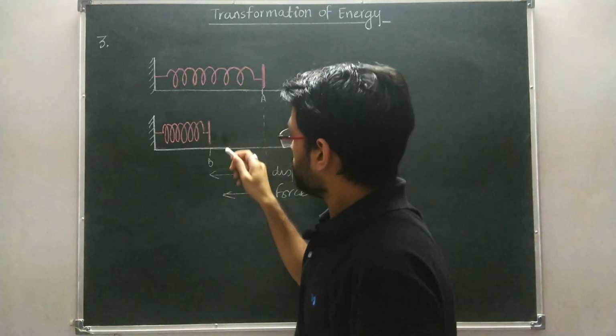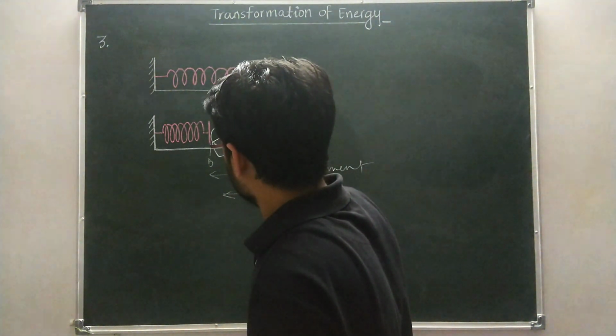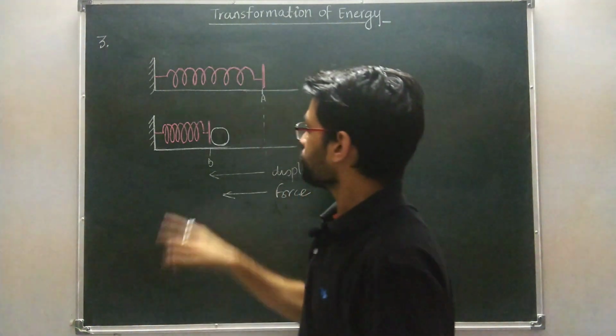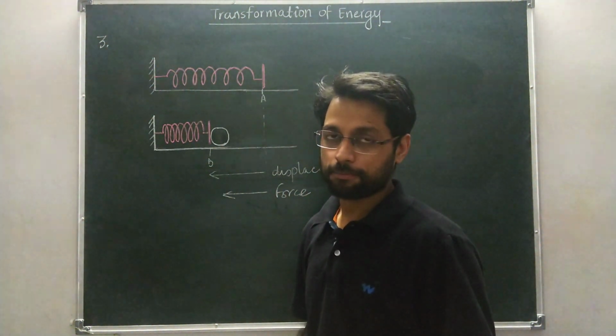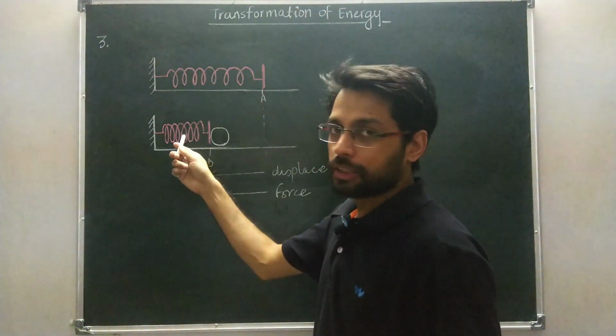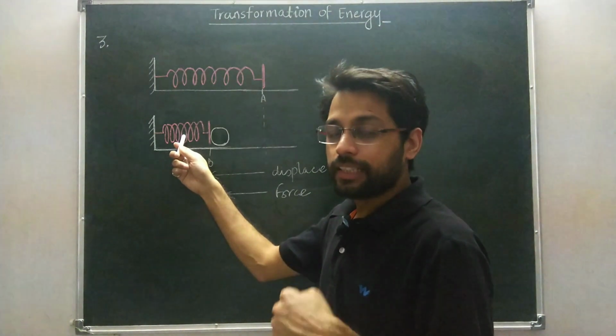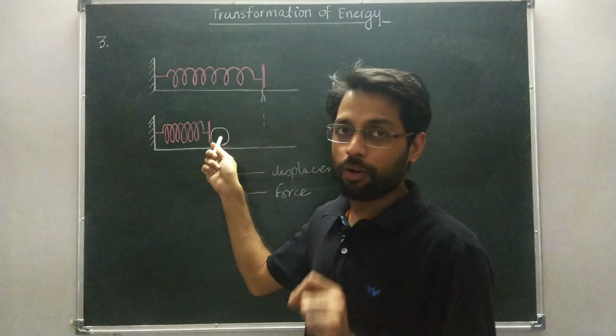Now if you place a ball here, okay, and release the spring, then what will happen? The elastic potential energy is converted into kinetic energy which is possessed by the ball.